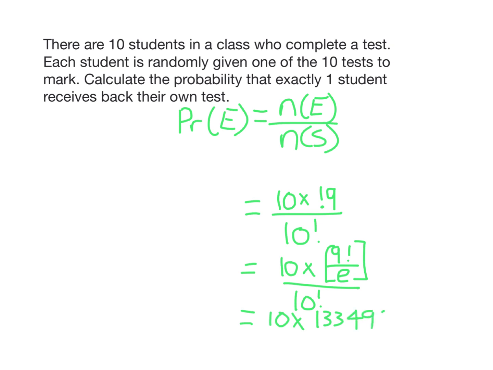That's rounded to the nearest whole number. And then we put 10 factorial on the bottom. So now you can put it in your calculator just like that. You get about 0.368. So there's about a 37% chance that exactly 1 student receives back their own test and the other 9 receive back someone else's test.